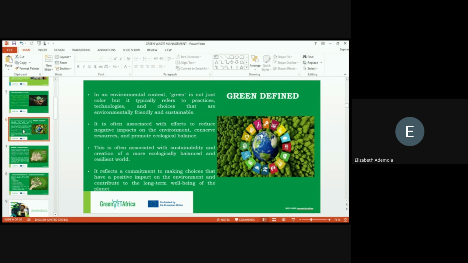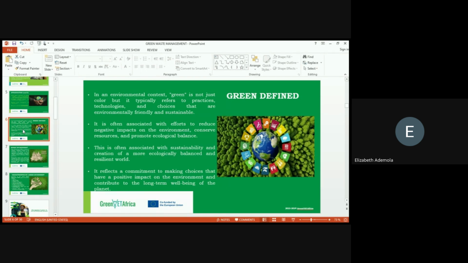So green is not just a color. Green is about conscious choices that we make. There are practices, there are things that we do to make sure that we restore the environment back to that pristine and very conserved nature. It is often associated with efforts to reduce the negative impacts of our activities on the environment and to conserve resources and promote ecological balance.